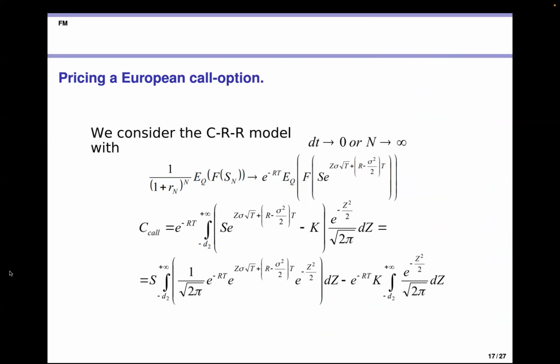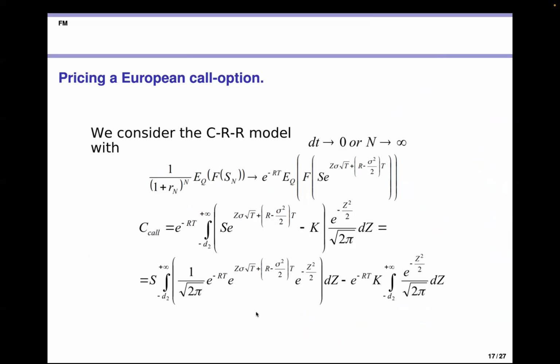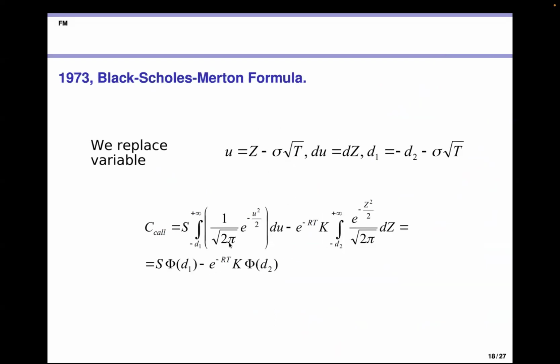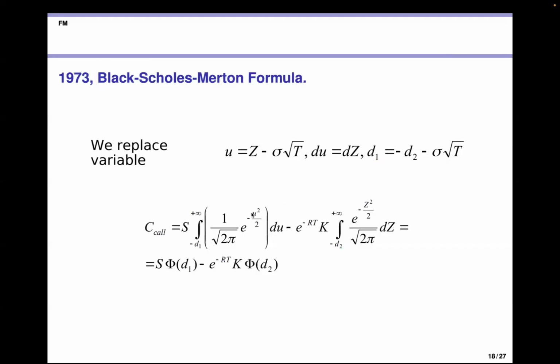So like u, this, yes. So du, dz, it is a change of variable. If we change the variable, it will be 1 divided by square root of 2 pi e to the power minus u squared divided by 2 du.